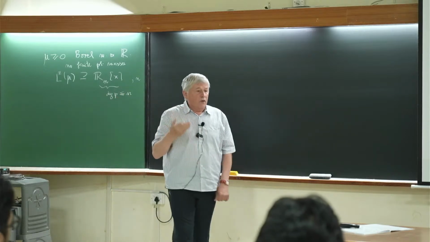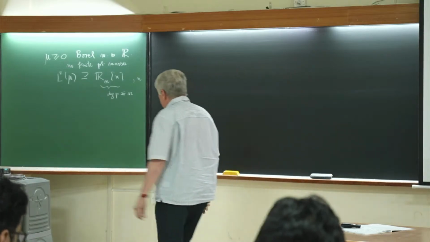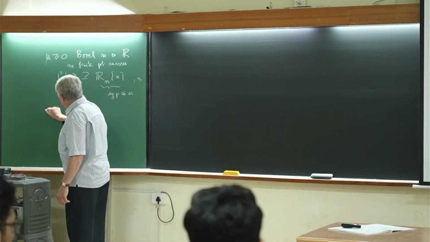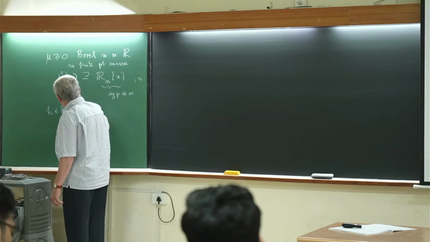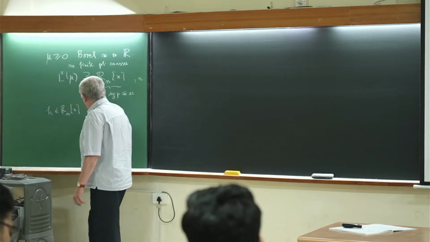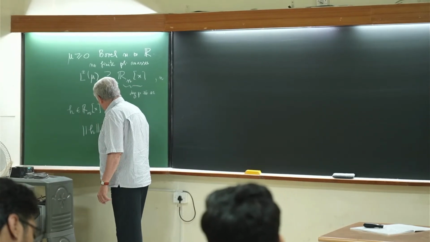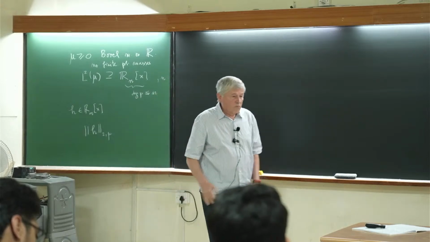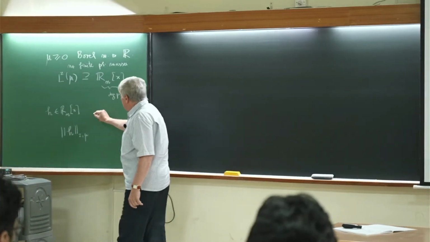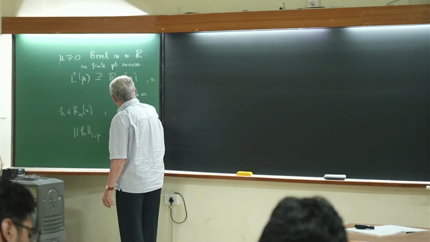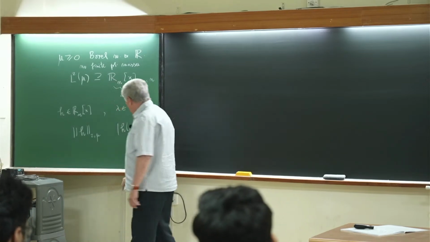And the whole story starts very humbly, in a very simple way. We have for a polynomial of degree at most n, on one hand, the 2 norm, and on the other hand, if we fix a point in the complex plane, we have the point evaluation.